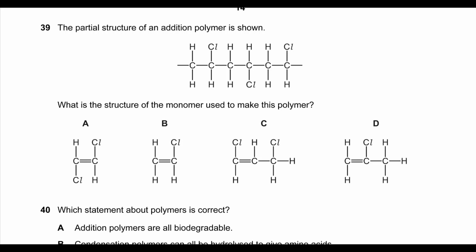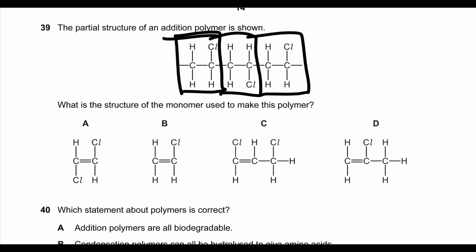Question 39. The partial structure of an addition polymer is shown here. Addition polymer means you have a double bond between them before forming this part of the polymer. So all of them, options A, B, C, D, have a double bond, so it's okay. Now you can see that this part is similar to this part, and this one is similar to this part.